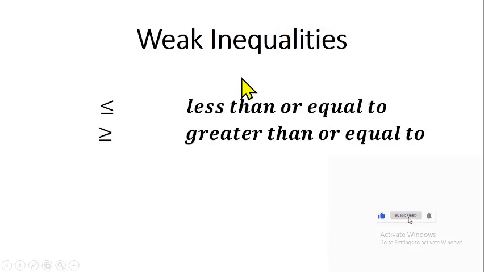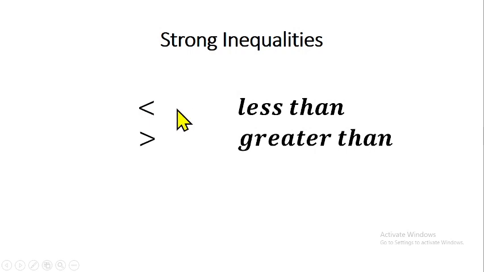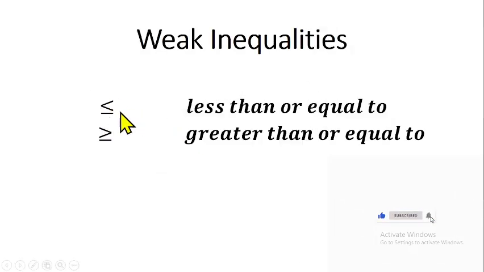Meanwhile, we have weak inequalities, which are the less than or equal to and the greater than or equal to. These two inequalities are weak because they mean two statements. Let's go back. This one means only one statement: something is less than the other one. This is greater than: something is just greater than the other one. But when it comes to these, they mean two things. Something is less than, it could be less or equal to.